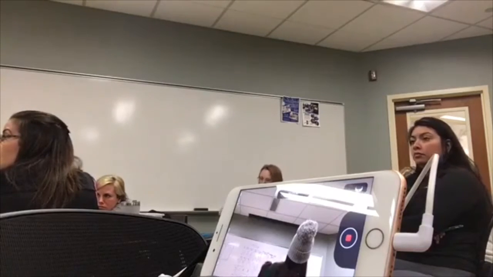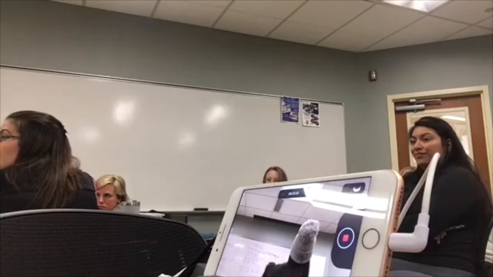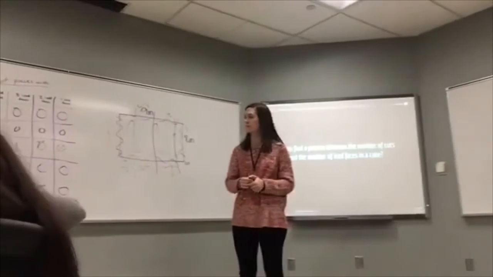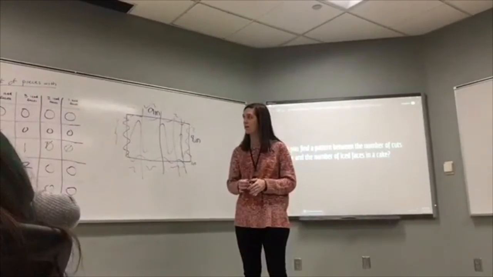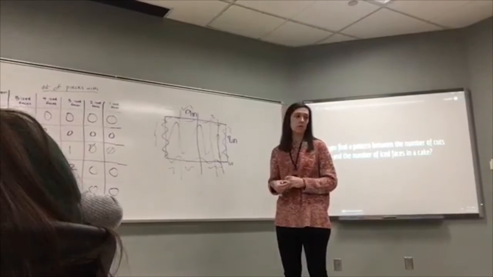But if you have 2 pieces, then you have 2 4 ice spaces, and that equals 2. But for 3, you have 2 4 ice spaces and 1 3 ice space, and that equals 3 pieces. Okay.